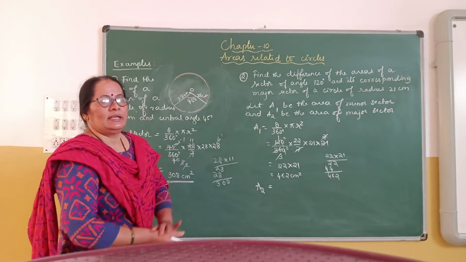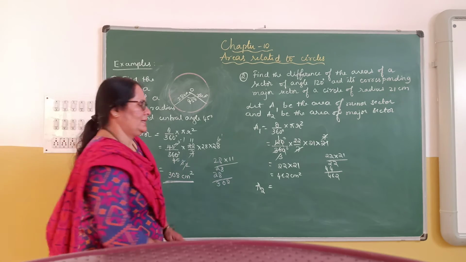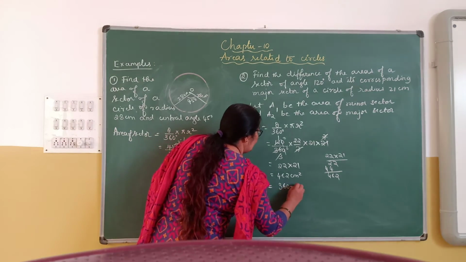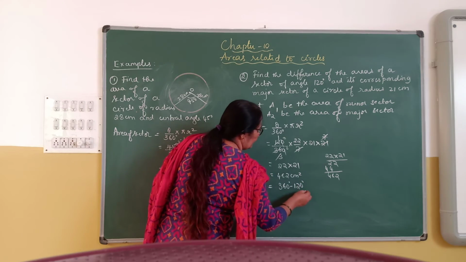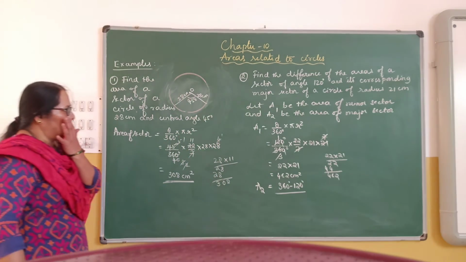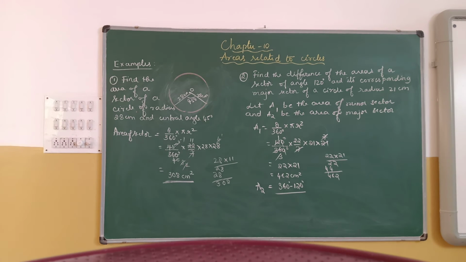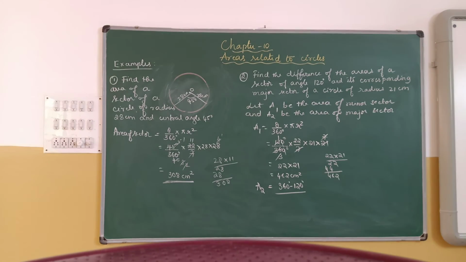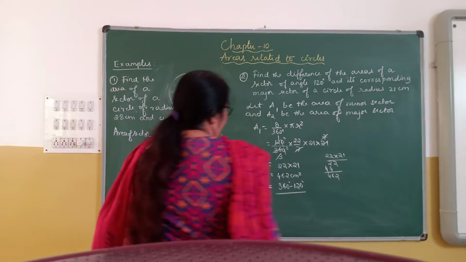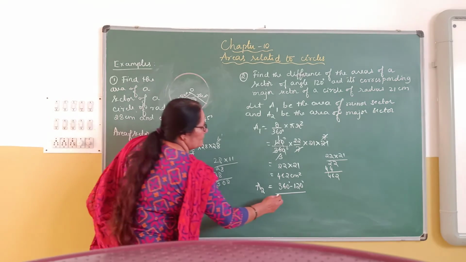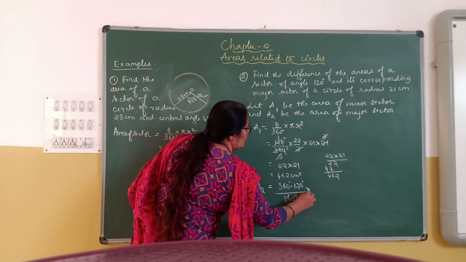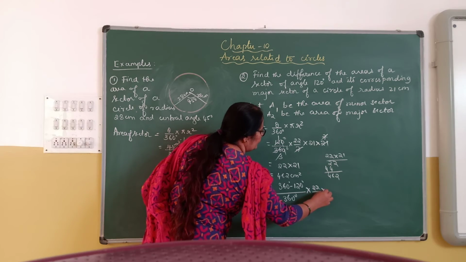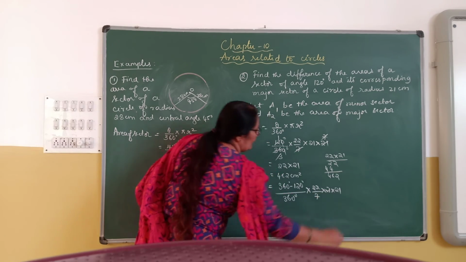The sector angle is 360 degrees minus theta, that is 360 minus 120, upon 360 into pi r square, that is 22 by 7 into 21 into 21.